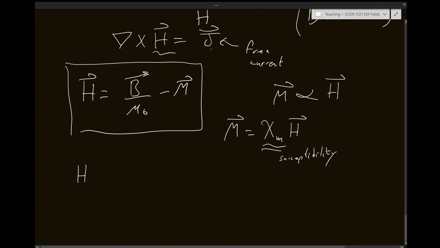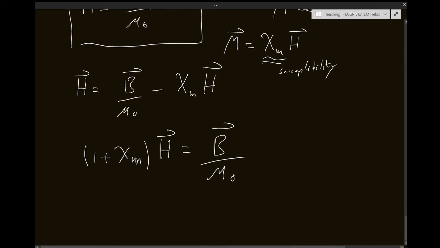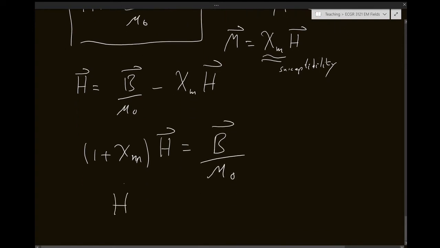This allows us to derive an even more useful constant. So let me plug this in. H equals B over mu naught, and instead of M, I put in susceptibility times H. I can take this to the other side. I end up with 1 plus susceptibility chi m times H equals B over mu naught.